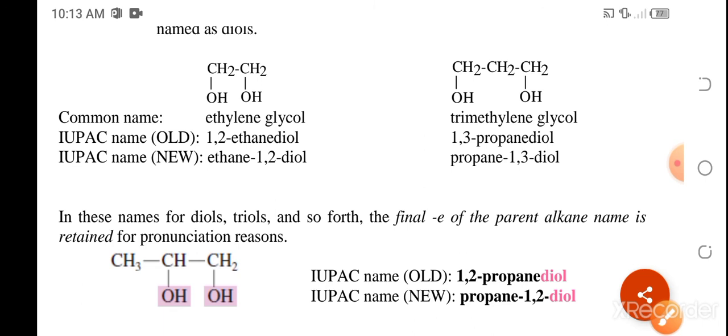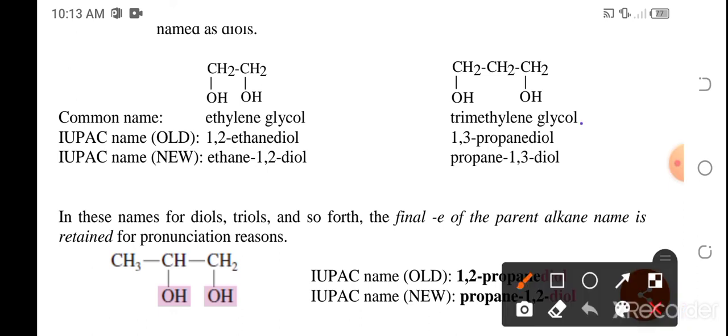We also have trimethylene glycol. That's the common name for 1,3-propane diol. Propane, because there are 3 carbon atoms, and the hydroxyl groups are attached on the first and the third carbon atom of the parent chain.